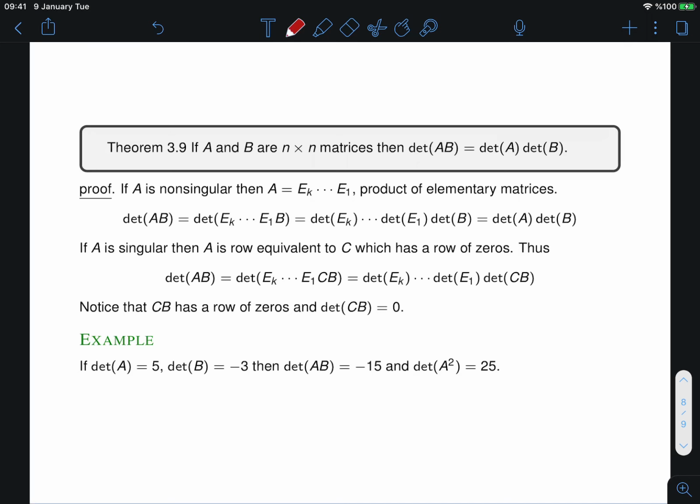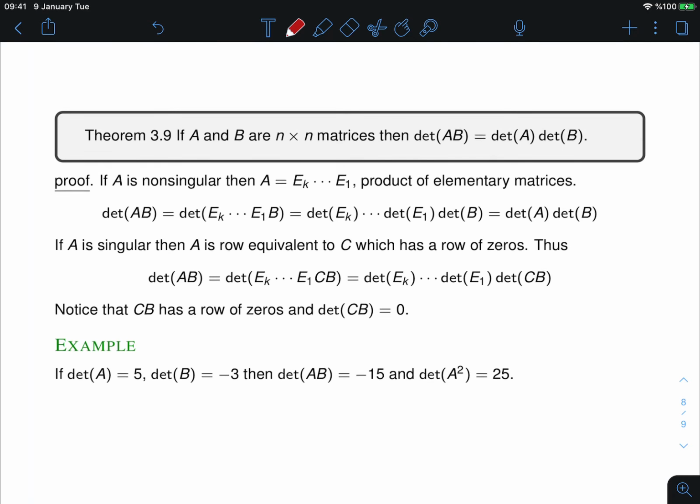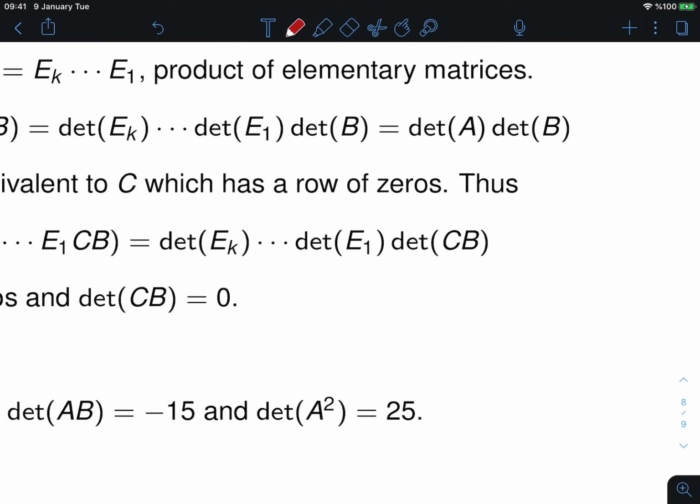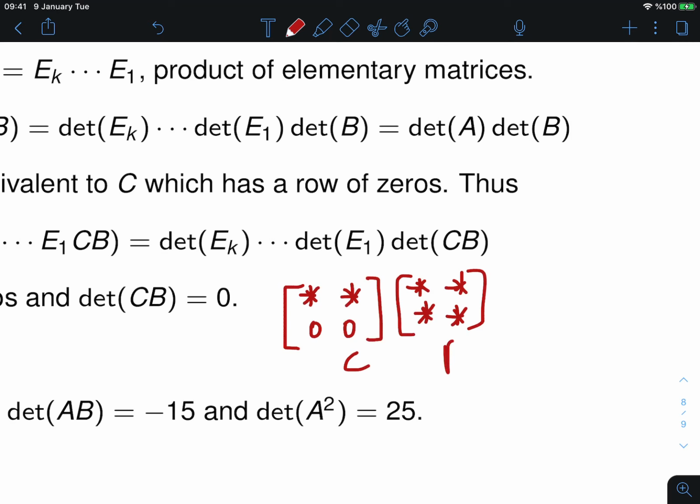Let's quickly check that this will be 0 for the 2 by 2 case. Suppose that our C is something like this, with a row of 0 0, and B is anything. So this is matrix C and this is matrix B.